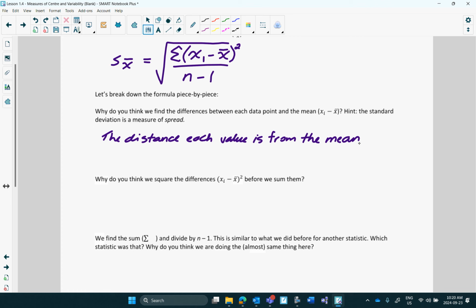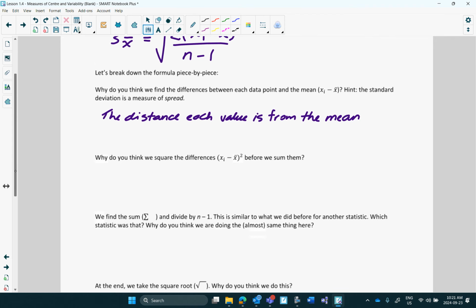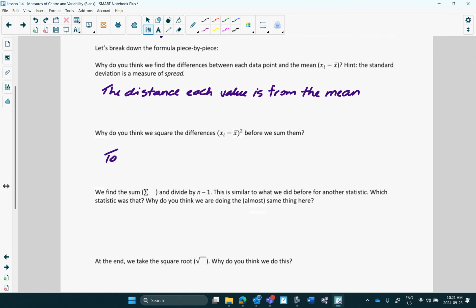If a value is above the mean, its distance will be positive. If a value is below the mean, its distance will be negative. When we add them all up, they'll cancel each other out. We get nothing. So it's useless just to do this alone and add them all up, which is why we square them to make all the distances positive.